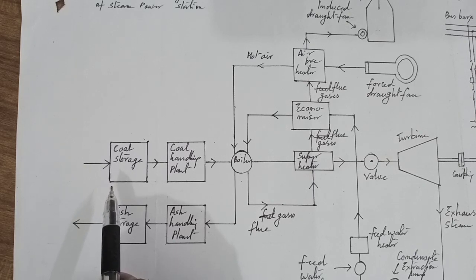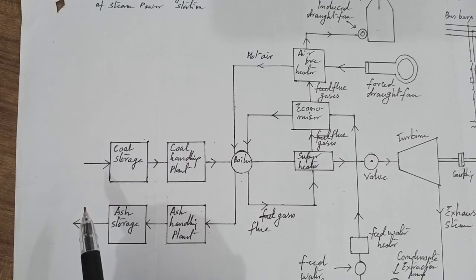From the coal storage plant, coal is delivered to the coal handling plant where it is pulverized. It means crushed into small pieces in order to increase its surface exposure, thus promoting rapid combustion without using large quantity of excess air.